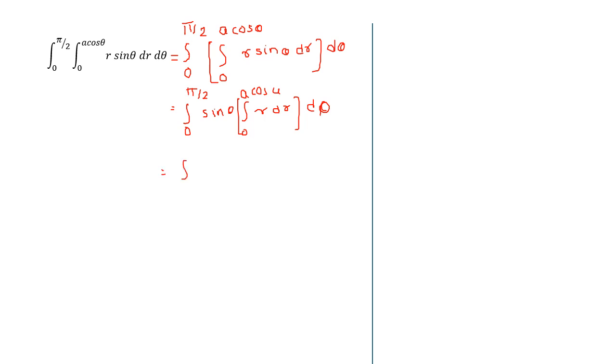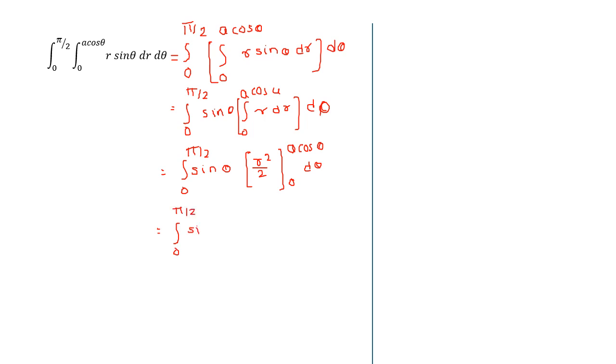So this is equal to the integration from 0 to pi by 2 of sin theta as it is. The integration of r is r square upon 2, from 0 to a cos theta, d theta.